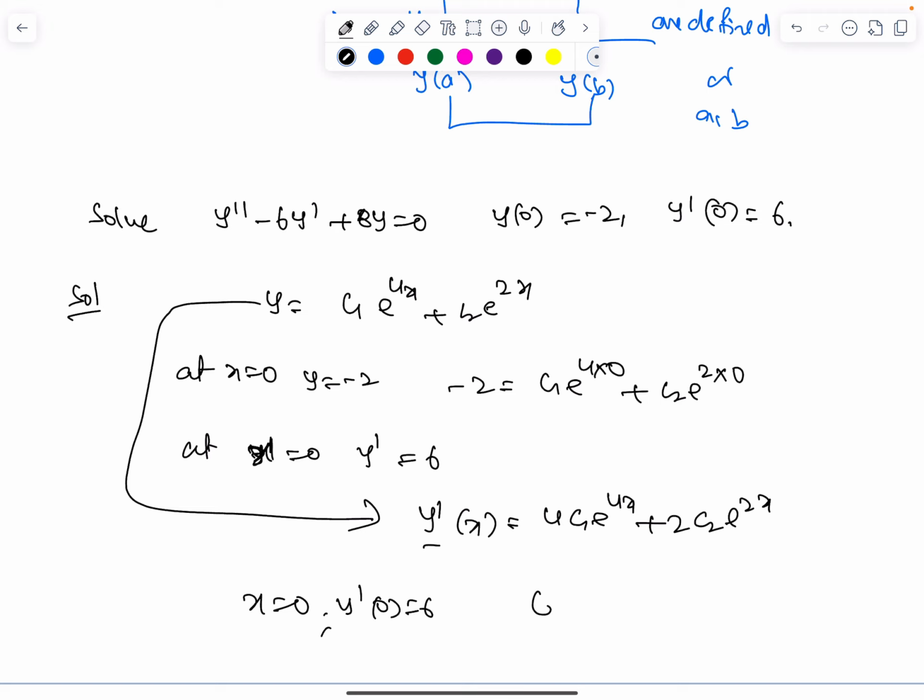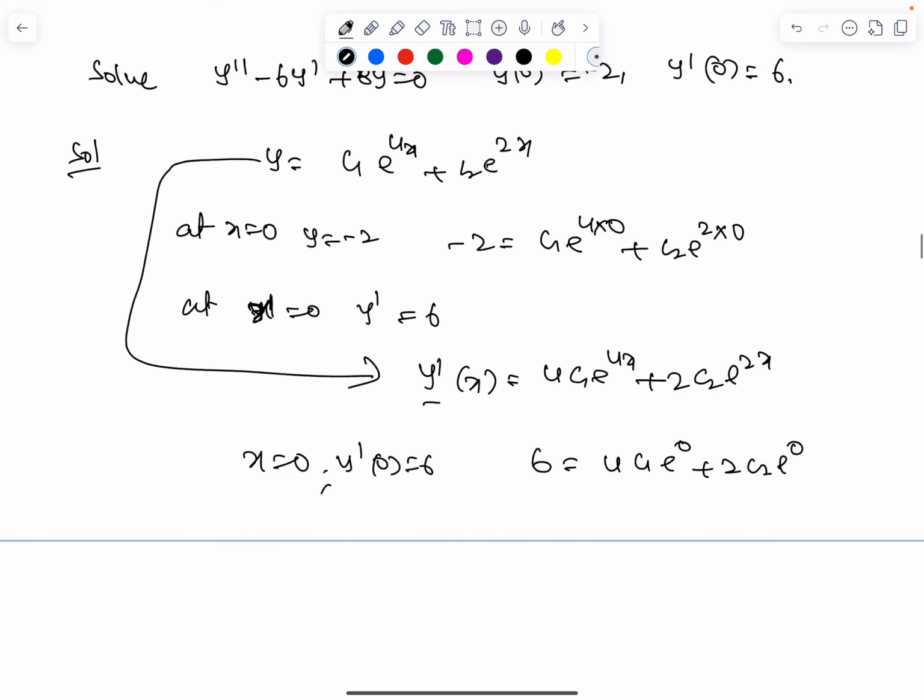At x equal to 0, y prime of 0 is 6. Therefore, 6 is equal to 4c1 e power 0 plus 2c2 e power 0. That implies 4c1 plus 2c2 is equal to 6. Further, you can write it as 2c1 plus c2 is equal to 3. You can simplify the first condition too: it is c1 plus c2 is equal to minus 2.